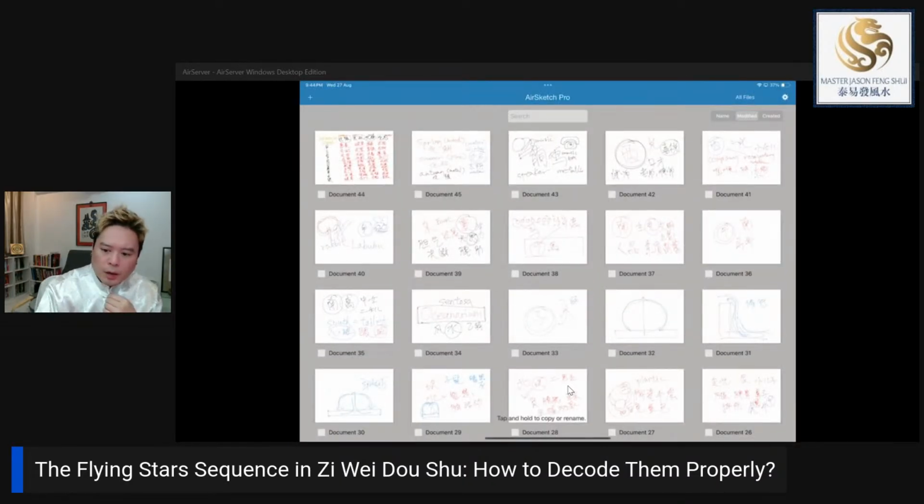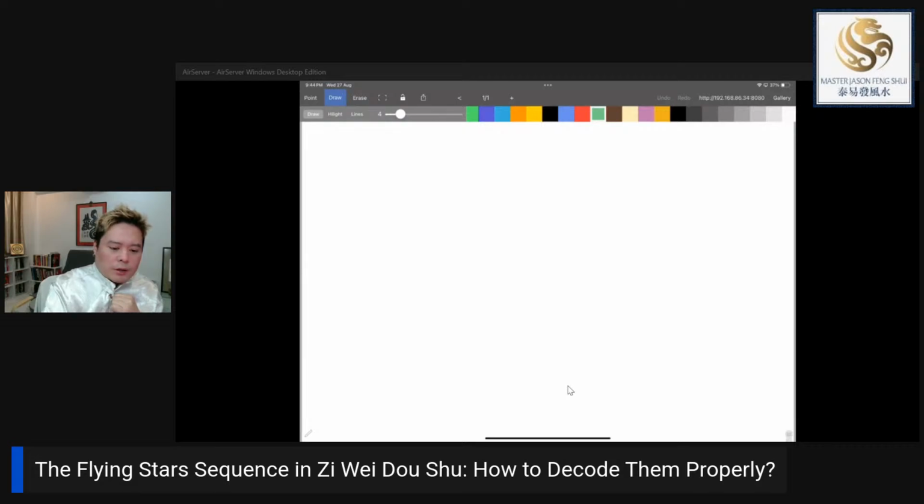For example, someone is having the 甲 heavenly stem at the life domain, the 命宫, or the self domain.